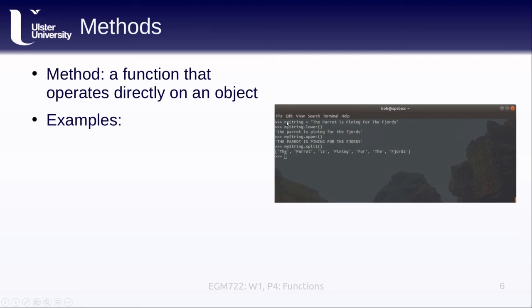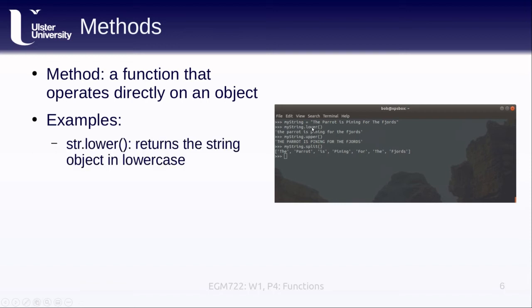These are taking the form of whatever the variable name is, dot, and then the name of the method or the function name. So here you see that one of these, called lower, just returns the string object, but where all of the text is now in lowercase.